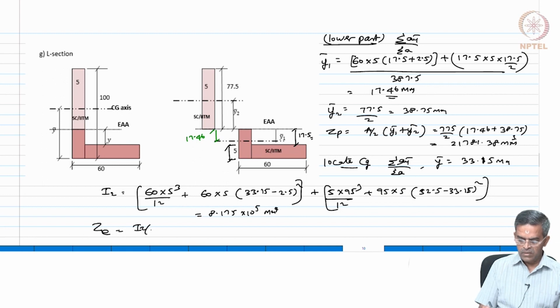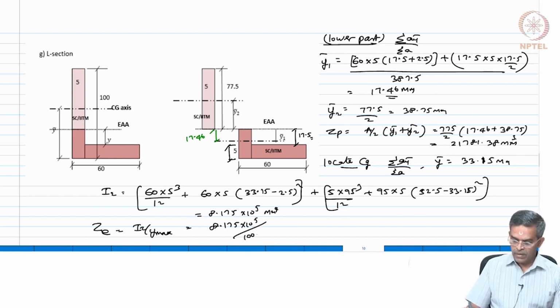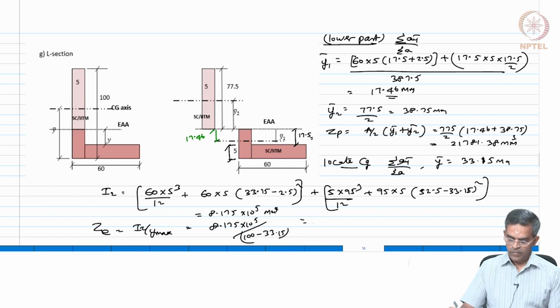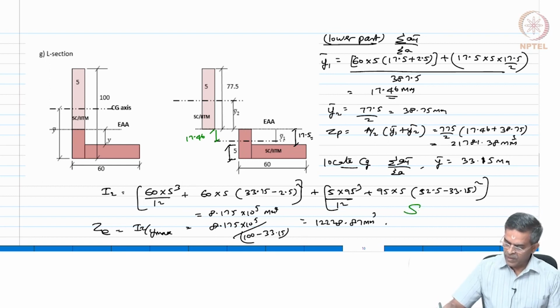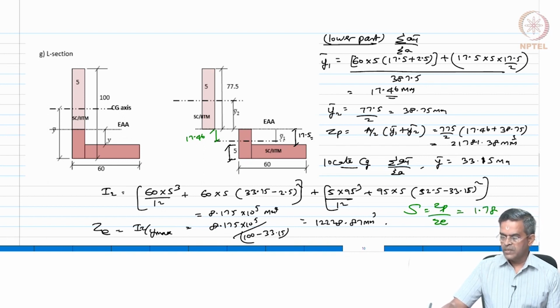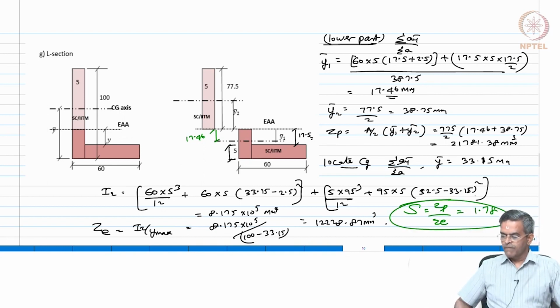Ze is I by y max, which will be this value divided by 100 minus 33.15, which will become 12228.87 mm cube. Therefore, shape factor will now become Zp by Ze, which is 1.78.